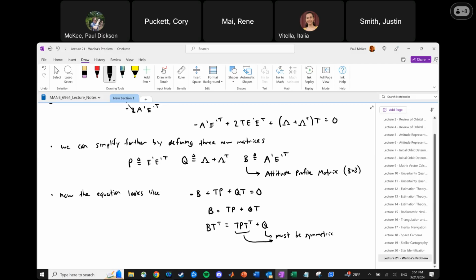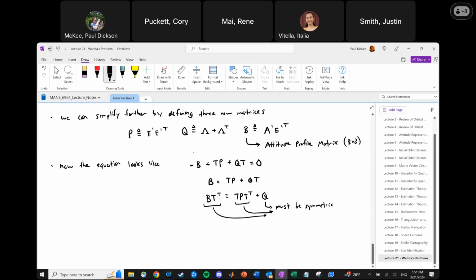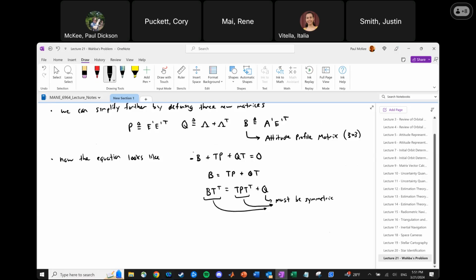Which means if you have a symmetric matrix and another symmetric matrix being added together, then this other term here, the attitude profile matrix multiplied by the attitude transformation matrix transpose, also must be symmetric. Okay. How does that help us? Well, because there are some identities for symmetric matrices that we can use.